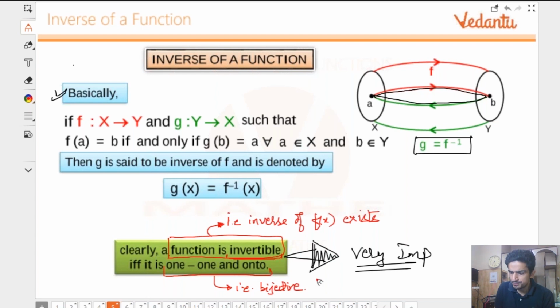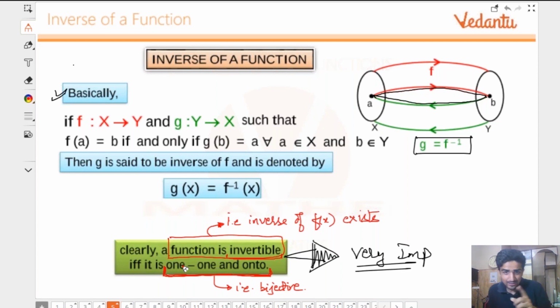Normally what happens, they will ask you, a function is invertible, now find this. Now what students start doing is, they start finding inverse. Oh beta, it is not about finding inverse. The examiner is telling you function is invertible. That is, indirectly it is telling you that function is bijective. So whenever it is given function is invertible, always remember you have to use function is bijective. That is important point.